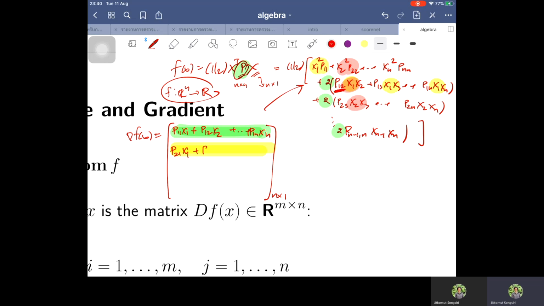And then p22 x2 dot dot dot p2n xn. You see that the last row would be pn1 x1 plus pn2 x2 dot dot dot pnn xn.